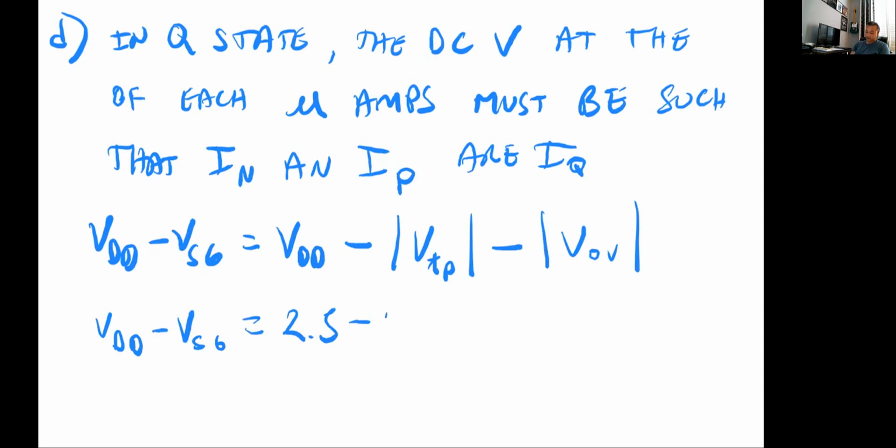The threshold voltage is 0.5 volts. And the overdrive voltage is 0.15 volts. So that gives us that the actual voltage at the gate, which is down from VDD, is 1.85 volts.